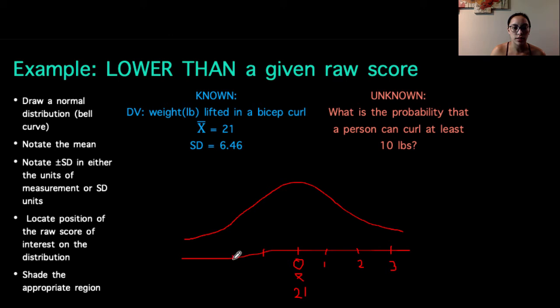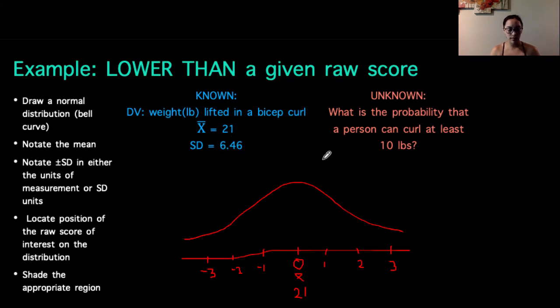Please excuse my non-straight line, but this is how it goes when you're drawing with a mouse. Then we have minus 1, minus 2, minus 3 standard deviations.